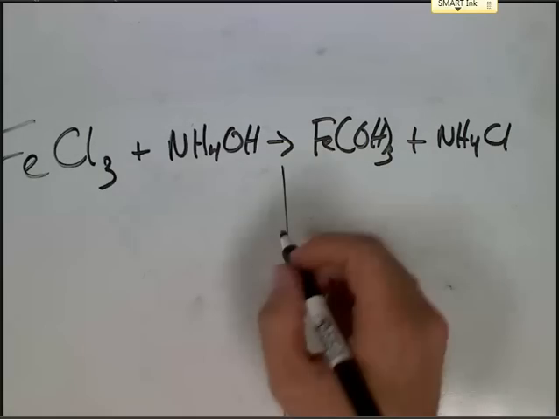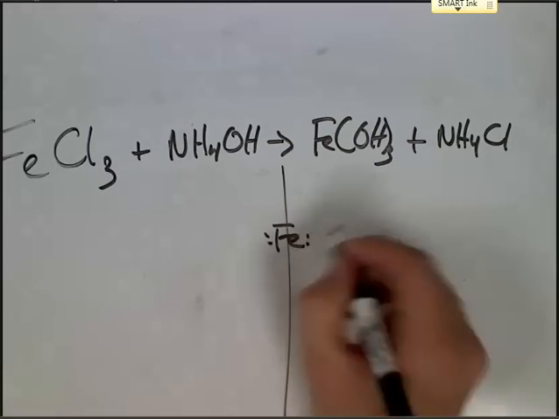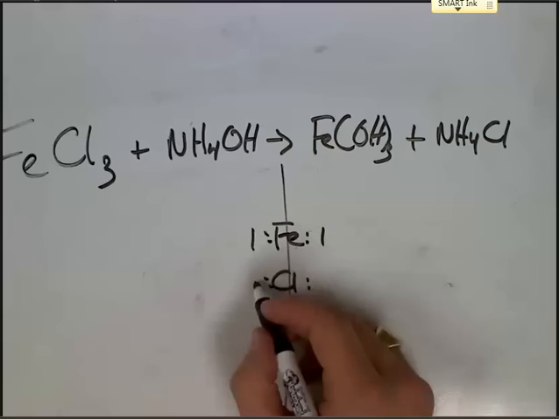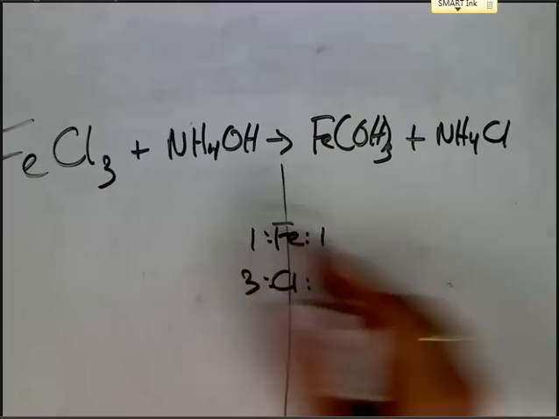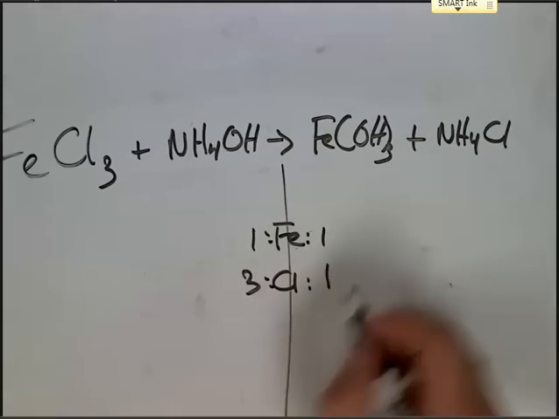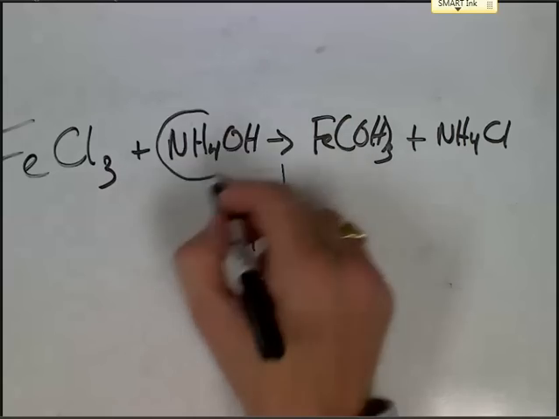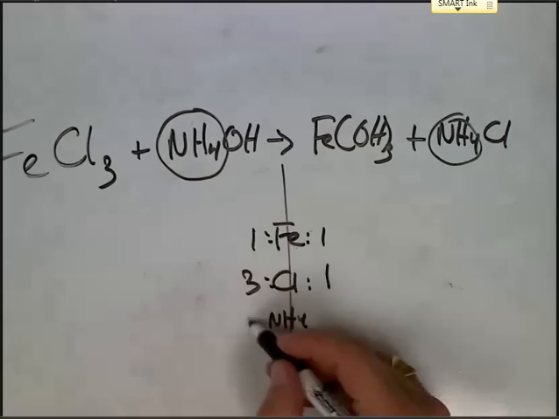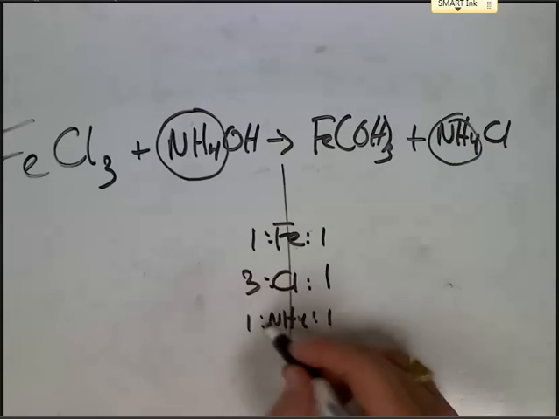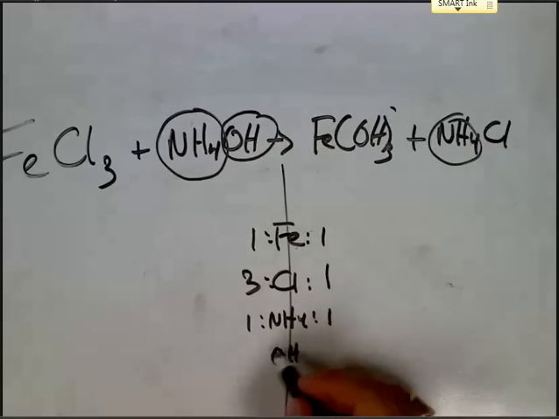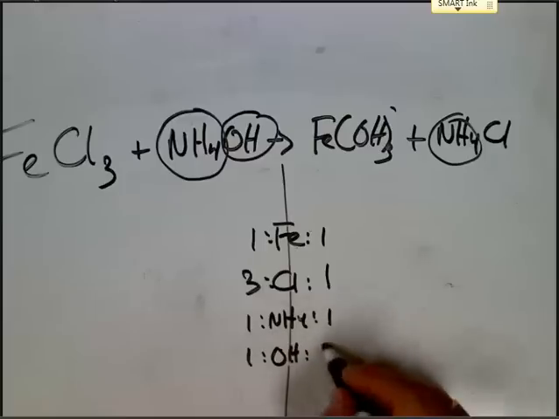Well, let's keep track. Iron, you've got 1 and you've got 1. Chlorine, you've got 3 and you've got 1. Ammonium, since you do see it on both sides, you've got 1 and you've got 1. And then hydroxide, you see it on both sides. You've got 1 and you've got 3.